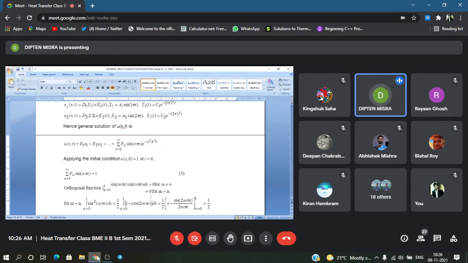And if you integrate that, the cos becomes sine, and when you put the value of sine of an integral multiplier of pi, at x equal to 0 it becomes 0, at x equal to 1 it is some multiplier of pi, sine of m pi, n pi or p pi, where p is an integer multiplier, and it becomes equal to 0. So the whole thing becomes equal to 0 for distinct values of m and n.